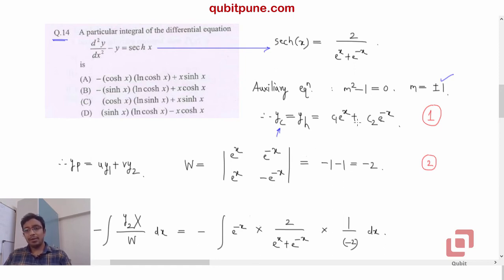Okay, so it is c1 e to the power x plus c2 e to the power negative x, and because we are trying to solve this problem by the method of variation of parameters, it is absolutely necessary to first determine yc or yh. Okay, so let's call it 1.